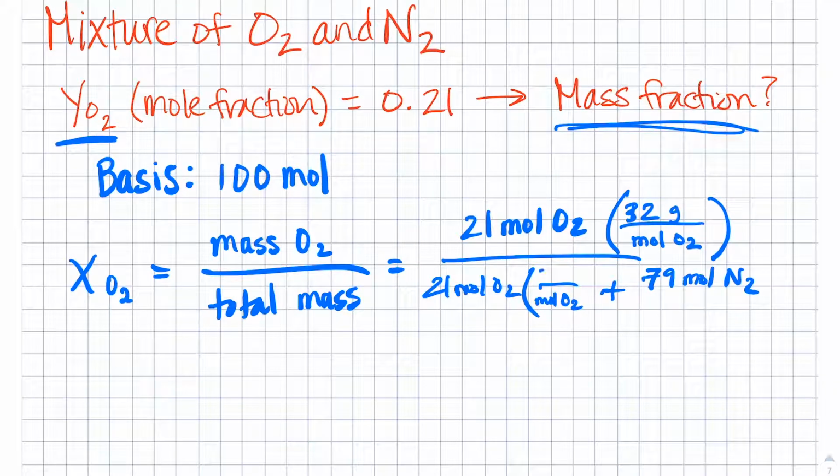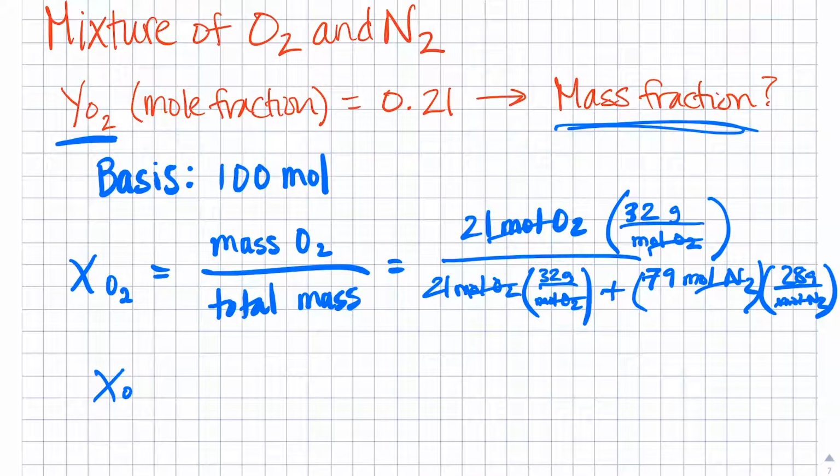A mole of O2 is 32 grams, and a mole of N2 is 28 grams. Now the moles cancel everywhere, and we're left with grams divided by grams. So if you do that calculation out, you will get that the mass fraction of O2 is 0.233.